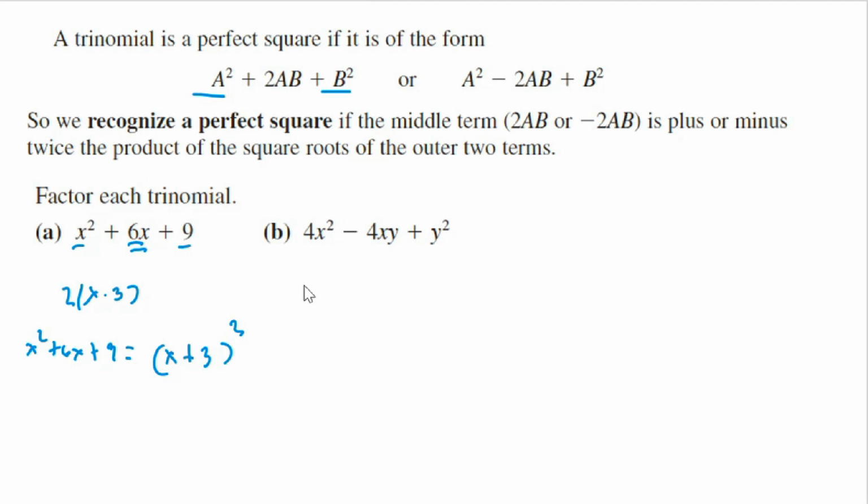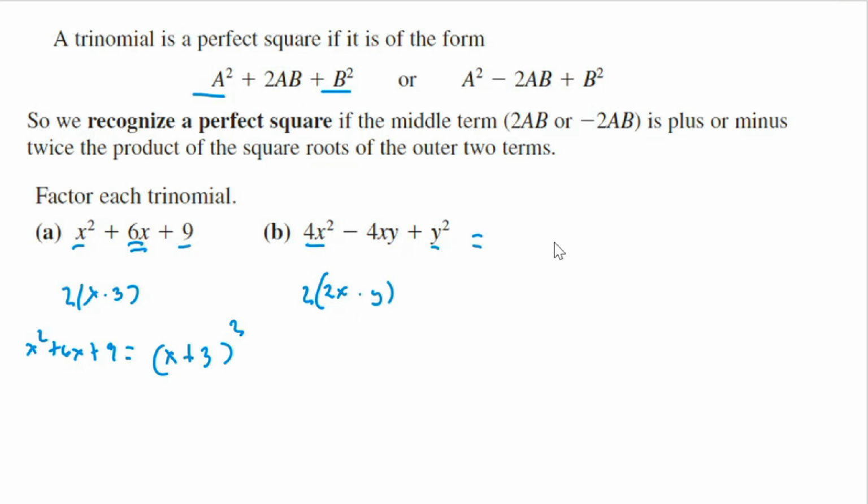So for letter B, we have 4x squared minus 4xy plus y squared. We will check the first term, all right? The square root of this is 2x, and the square root of this is y, and then twice, so we have here 2x times y is 2xy, times 2, we have 4xy. Since the sign is negative, we expect that our answer will be a negative sign as well.